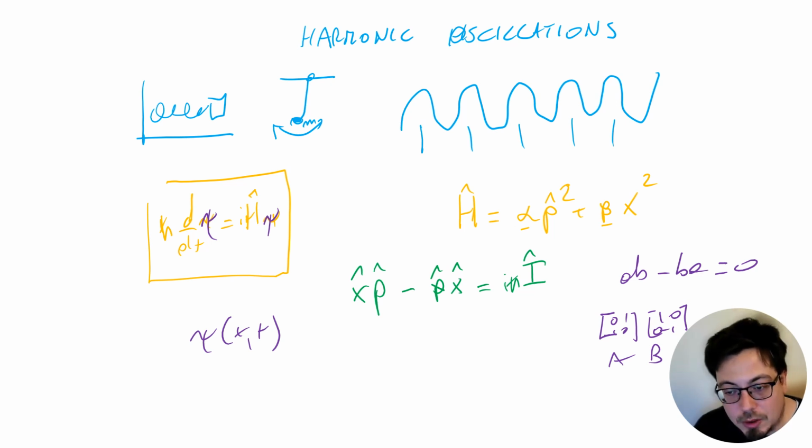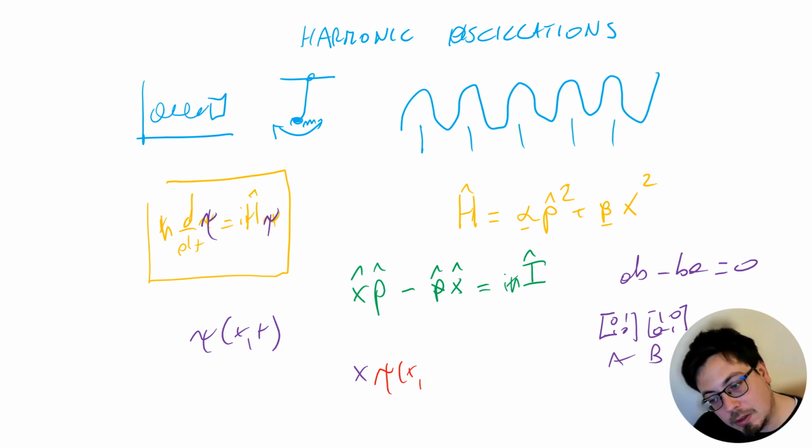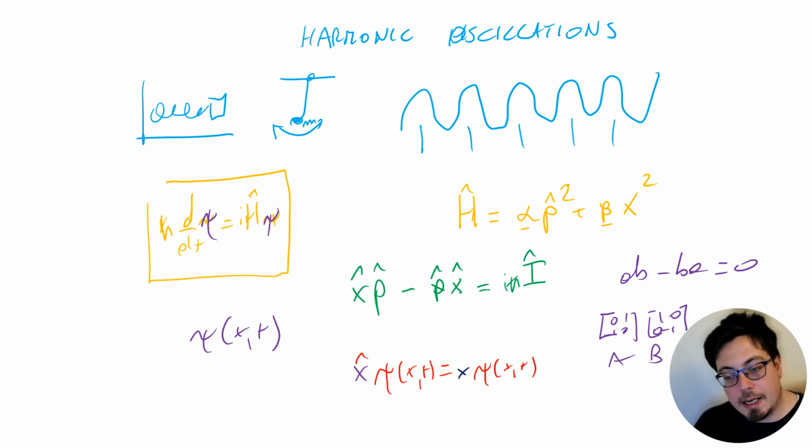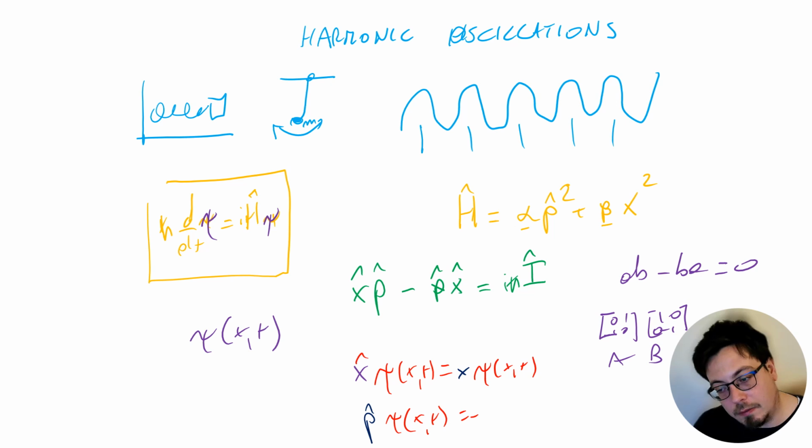Last time we saw that x works as a multiplication of the value of x by the function psi, and the operator p works as the derivative of that function with respect to x.